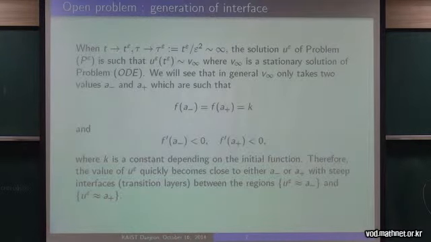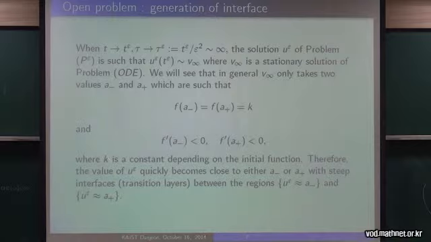So now what we will prove is that v infinity in general only takes two values, a minus and a plus, which are such that f of a minus equals f of a plus equals the same constant, say k, and f prime both at a minus and a plus is negative.